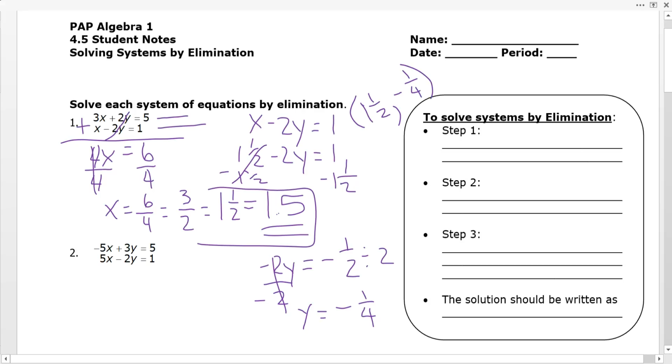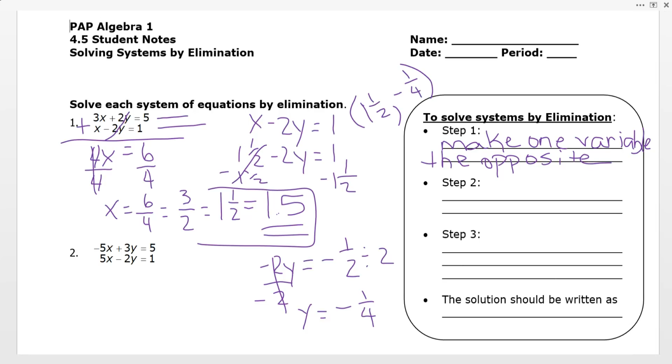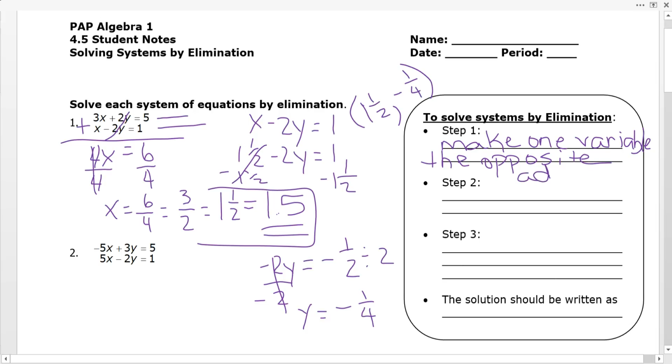That's my ordered pair. So here's what I do to solve by elimination. I make either x or y, it doesn't matter, one variable the opposite of the other one. Then I add and solve.